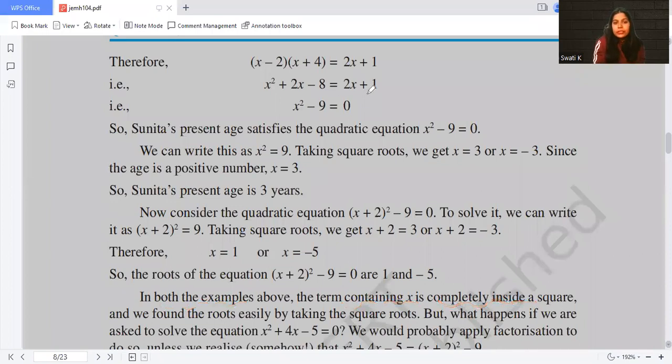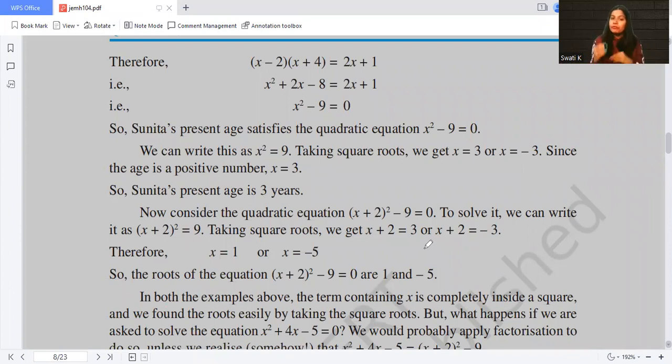Can you see that we got this equation first? Here x was in a square. Here also, in this equation, you can see that this x is inside a square. So whenever we get such a form, when x is completely inside a square, it's very simple for us to find the roots, by easily taking the square root on both sides. Such types of quadratic equations are also called completing the square.